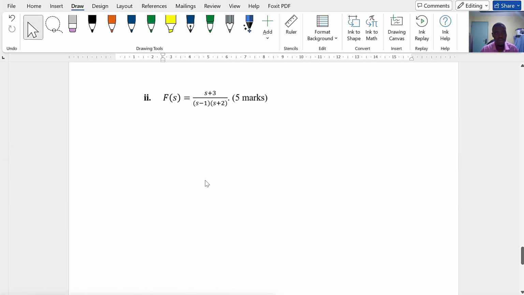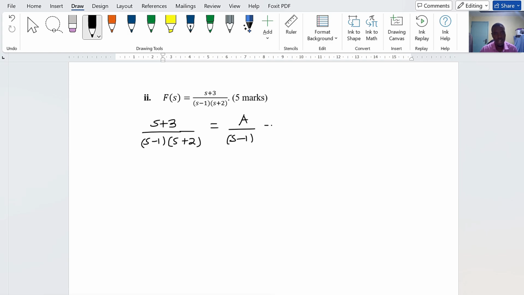Now the last one, we are going to use partial fractions, because we have to express this as a partial fraction. So we have (s plus 3) over (s minus 1)(s plus 2) in the form of partial fractions will be a over (s minus 1) plus b over (s plus 2), because we have this denominator.